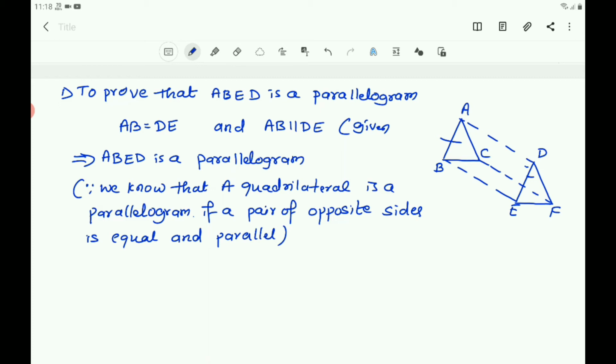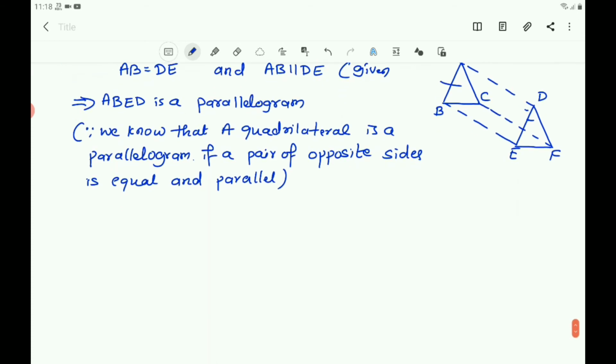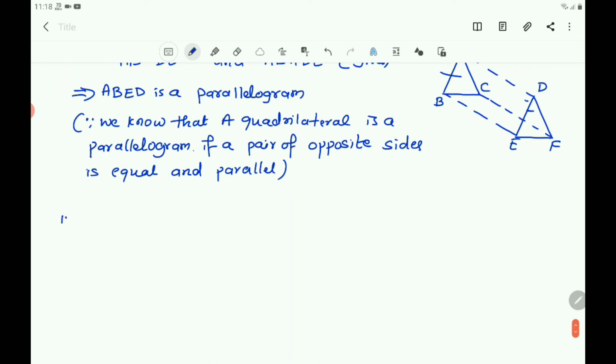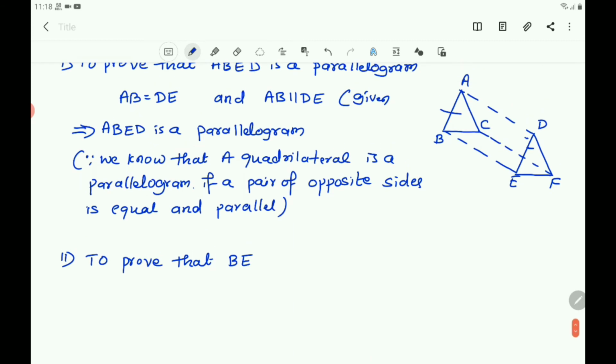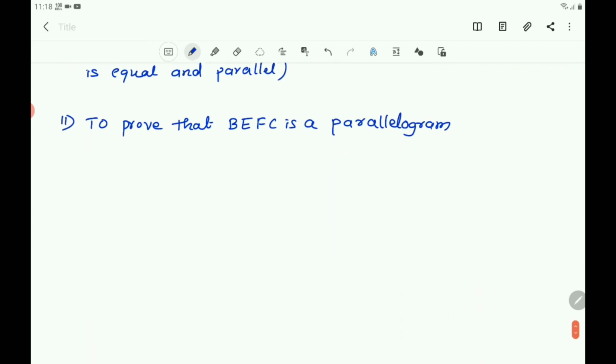So you got that ABED is a parallelogram. Similarly, you can show that the next one, BEFC, is also a parallelogram. Next you take the second one to prove that BEFC is a parallelogram.